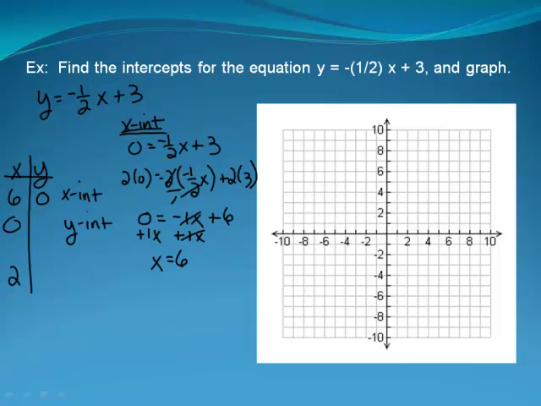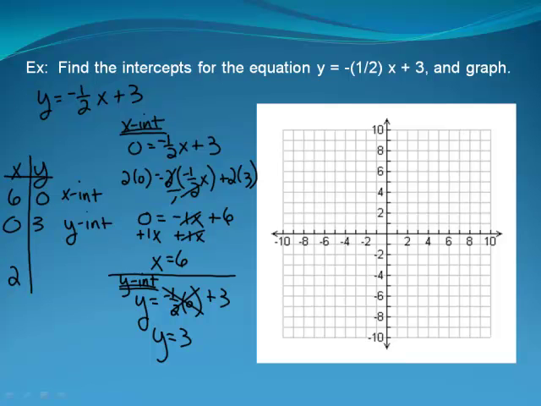All right? Let's find our y-intercept. To find our y-intercept, we're going to let x be 0. So we get y equals negative 1/2 times 0 plus 3. Anything times 0 is 0, so we get y equals a positive 3. For our y-intercept, the ordered pair would be 0, 3.